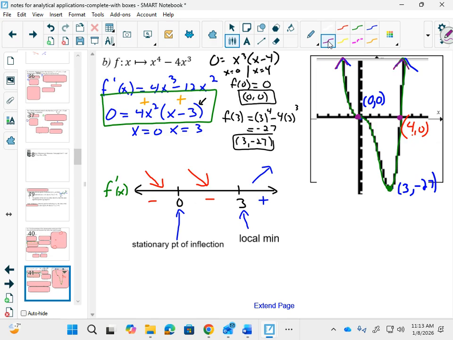And in grade 12, you would have said x equals 0 has a multiplicity of 3, so it had to flatten out or bend here. Now in calculus, we just call that an inflection point. And that inflection point naturally makes the bend because you have to change from here, concave up, to here, concave down.